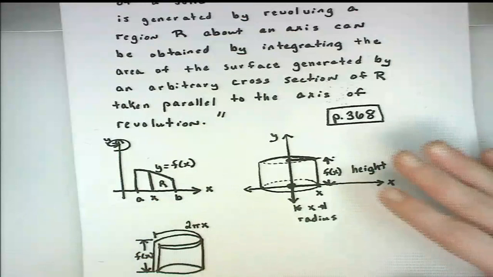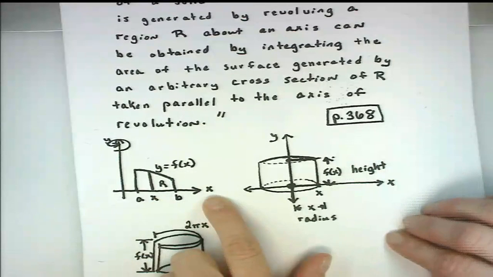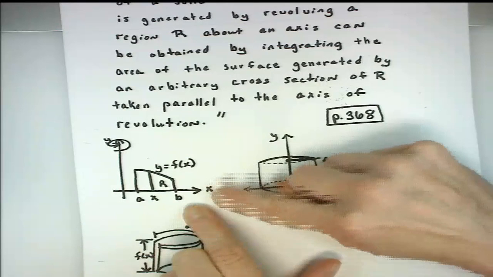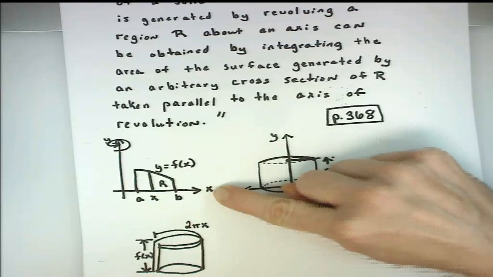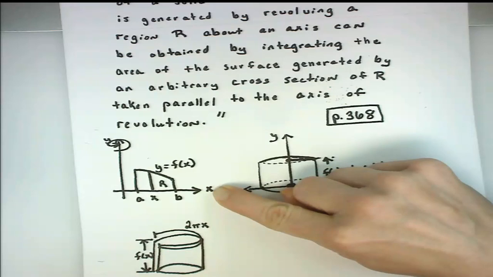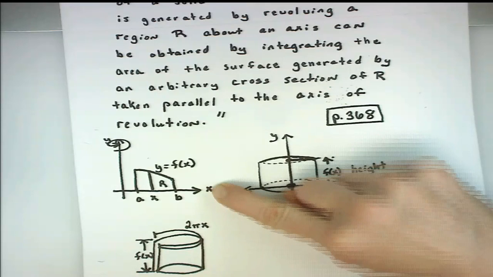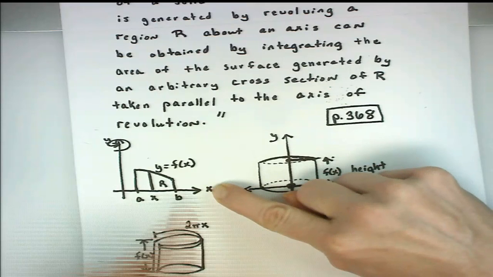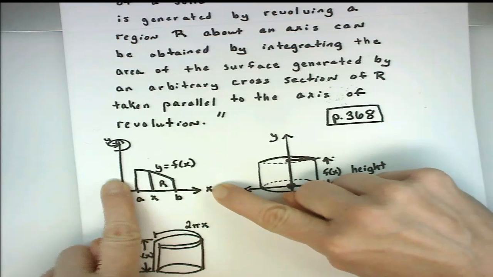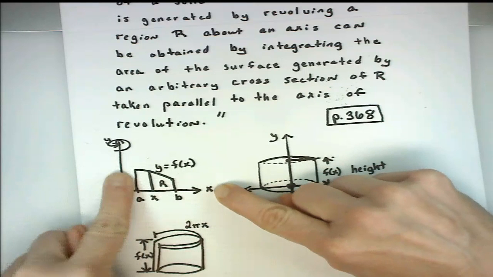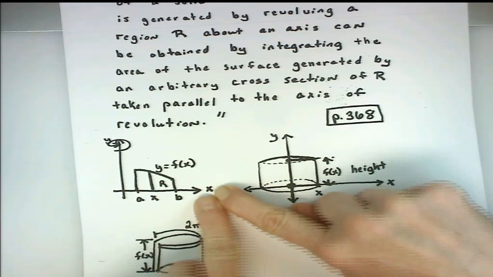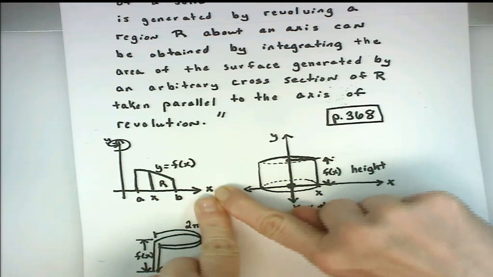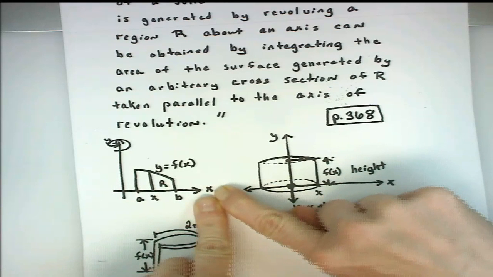On the other hand, if we have a problem where the axis of revolution is the x-axis, we're not using the method of cylindrical shells.